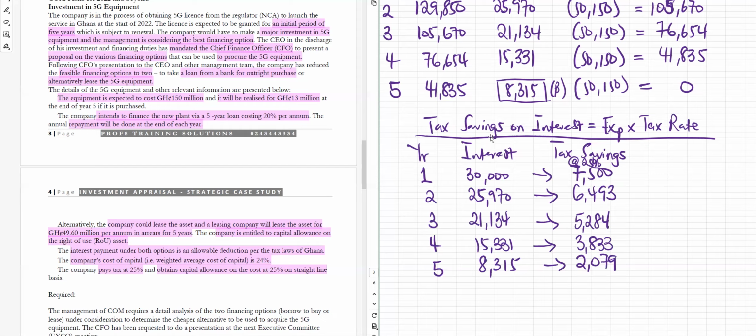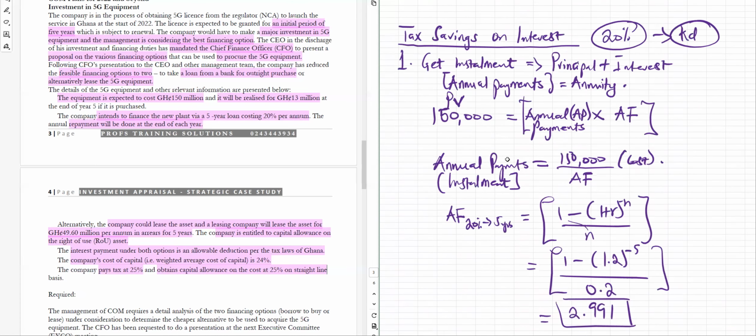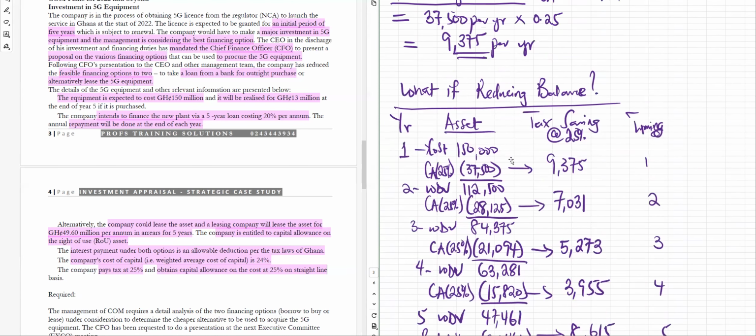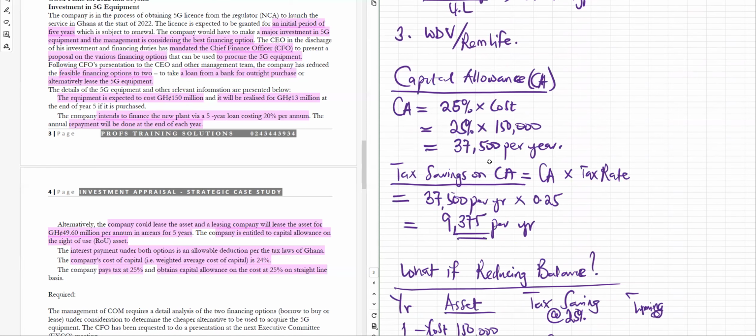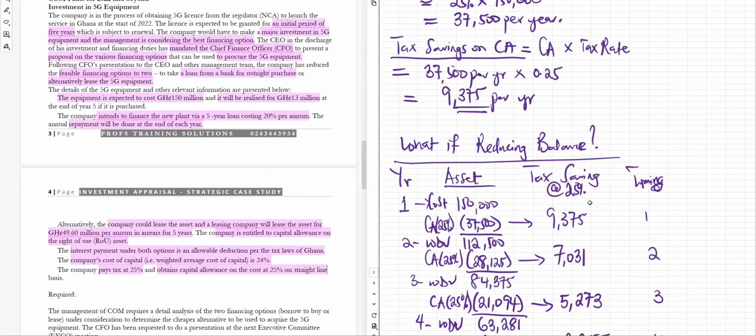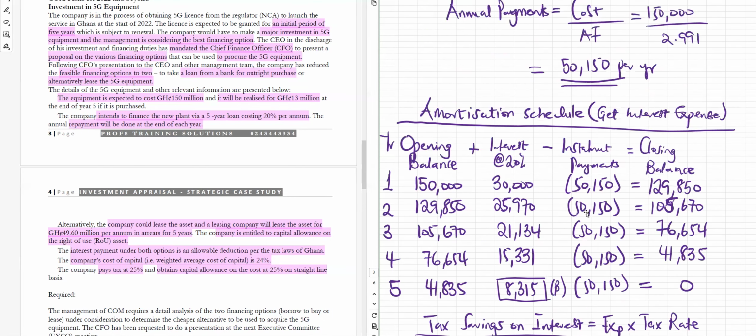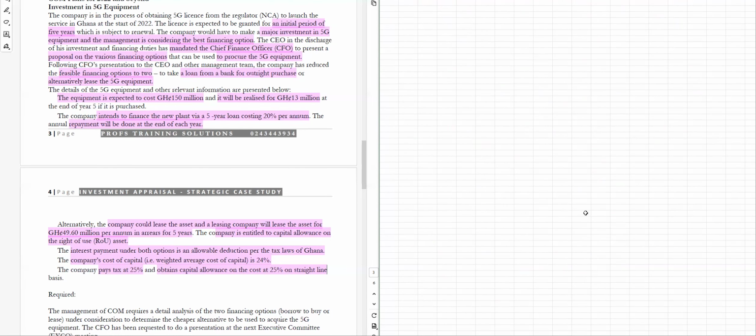So now that we've been able to generate all our cash flows from the initial investment to the scrap value, the tax savings on capital allowance and the tax saving on interest, what we need to do is establish our cash flow schedule. First, let's get our net cash flows, which we'll use for our NPV under the buy option.